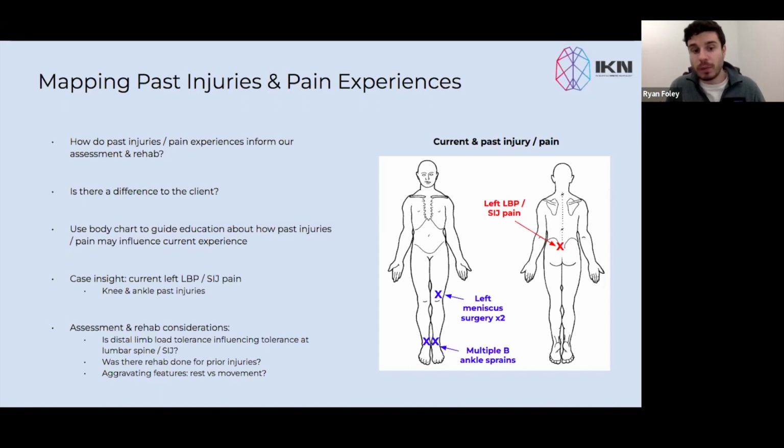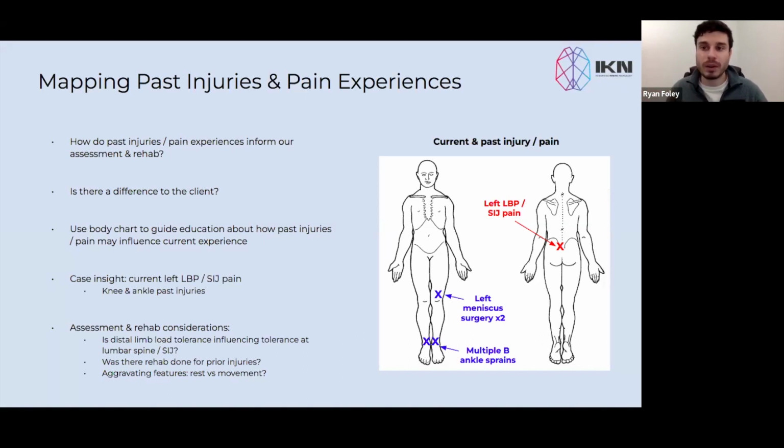We also need to consider the aggravating features. So let's say, for example, this client felt better at rest when they were sitting down, relaxing in bed. Generally at rest was fine. But during movement, when the limb had to be engaged with the environment, that's when they experienced a gradual onset of left-sided low back pain and SIJ pain.